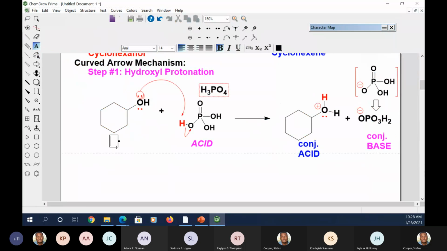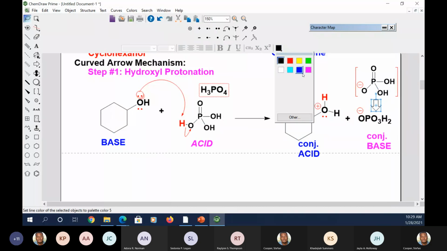So if we looked at the whole reaction, cyclohexanol is operating as the base, right? So you guys do know the relationship. If I start in my reactant as a base, usually in the product side, I'm going to be now the conjugate acid, right? And if I start off as an acid, in the product side, I'm going to be the conjugate base. Not too bad.